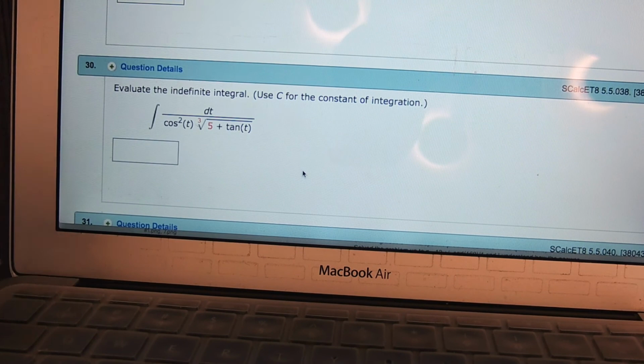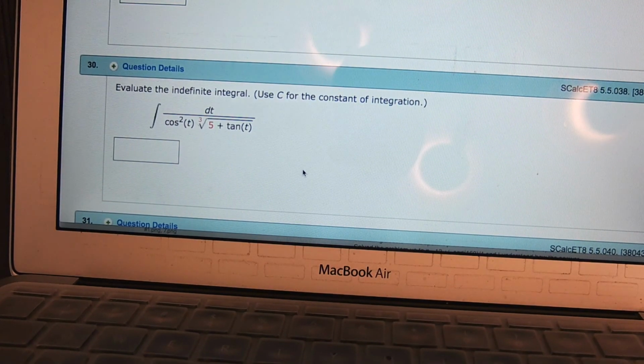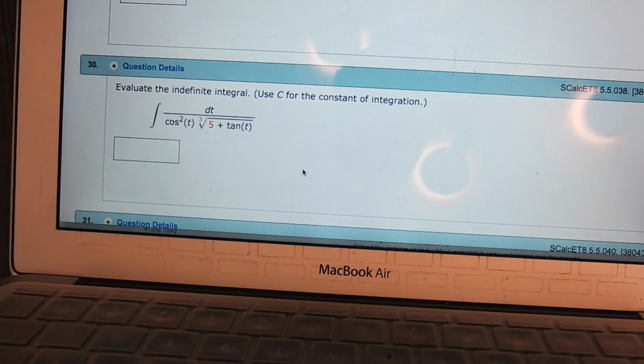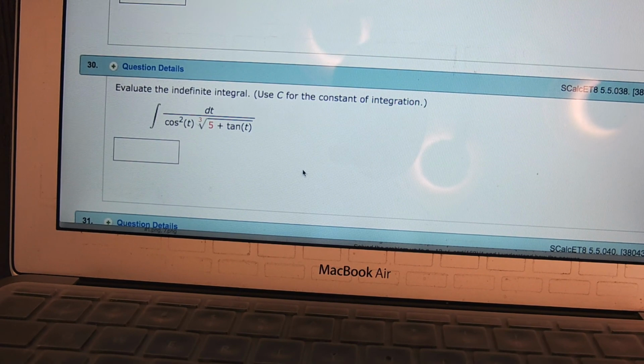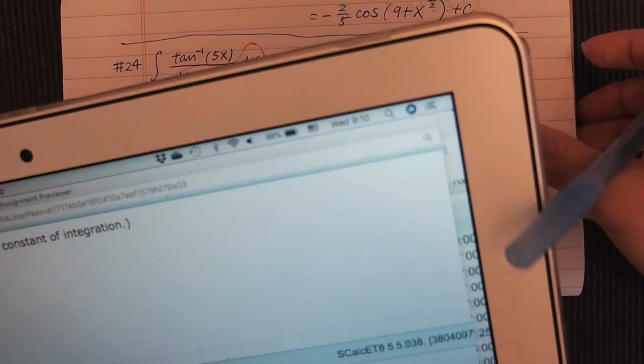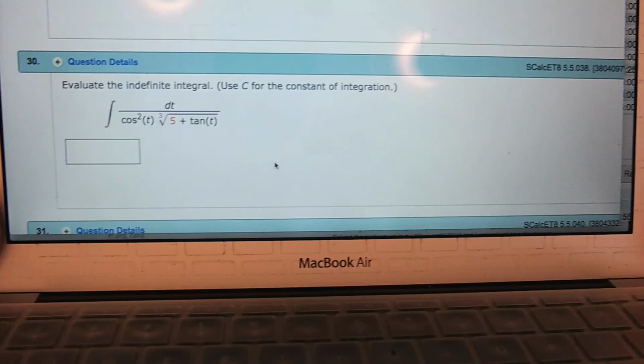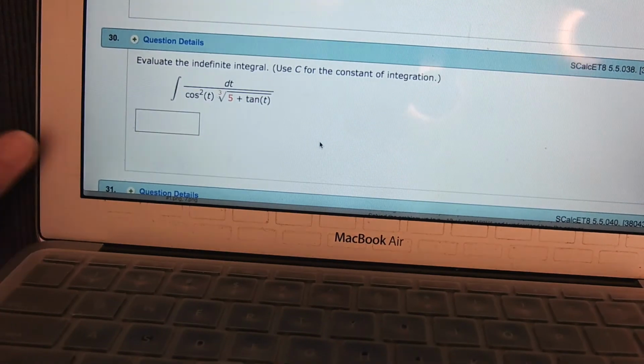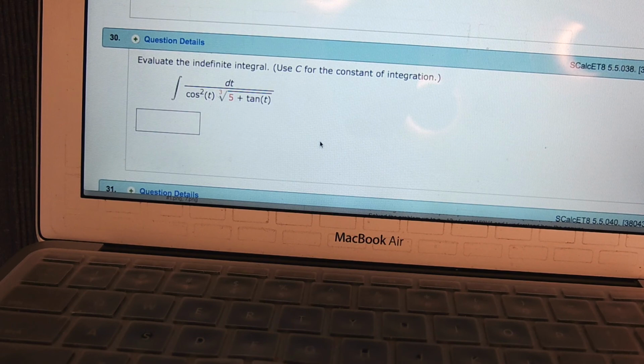Really. Because it's clear what my u sub is. Where's my u in this case? Is it the 5 plus tangent? Yeah, I will probably do that. Okay, so let you guys copy it. Number 30. Okay.